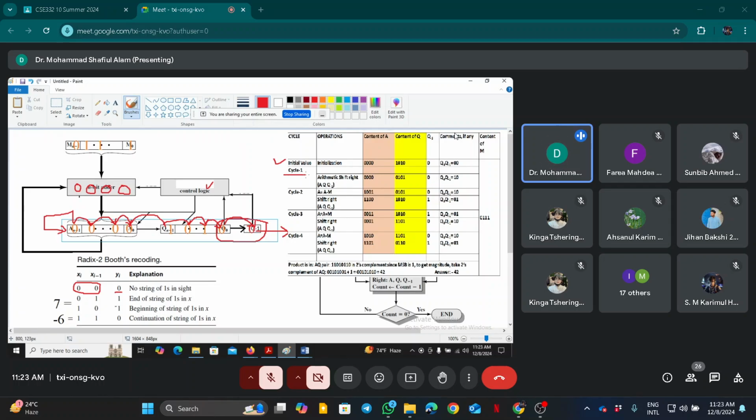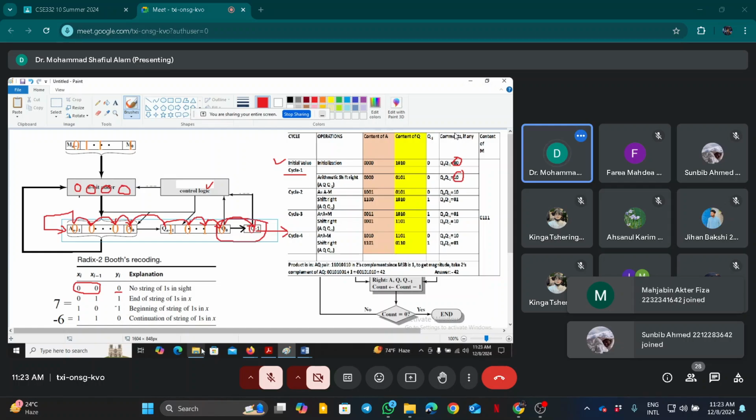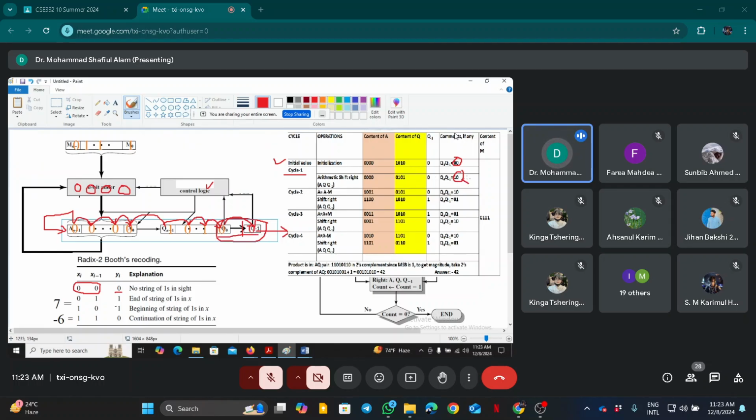And then at the beginning, since these two control bits are zero, there is no addition or subtraction, only shift right. Now the last two bits, we are talking about these two, would be 1 0.